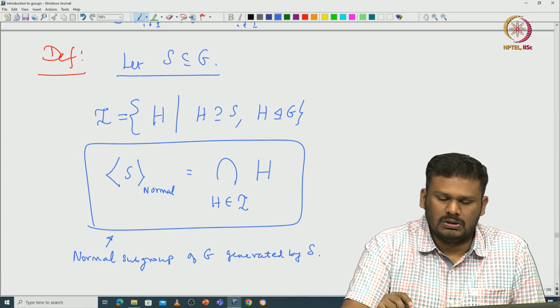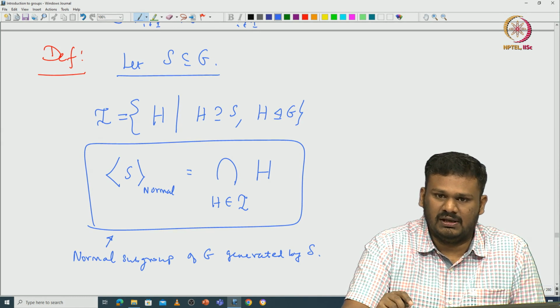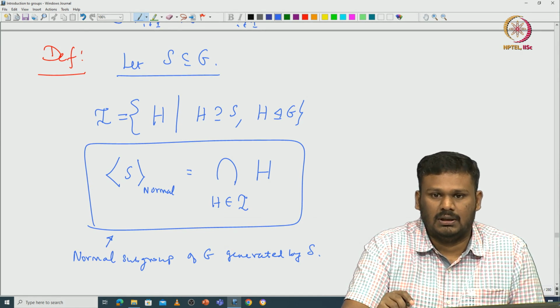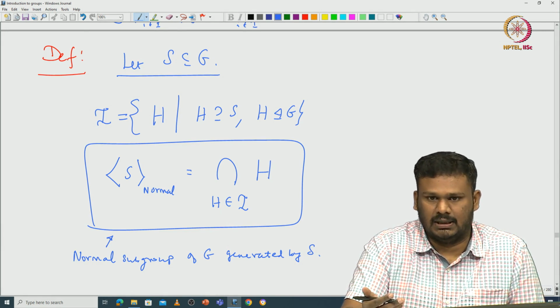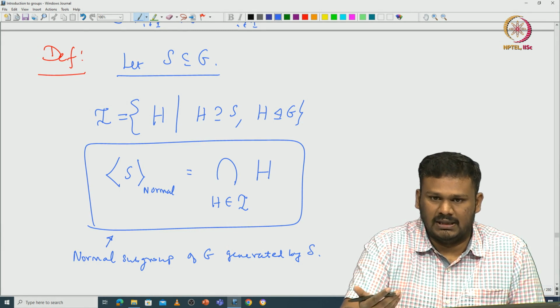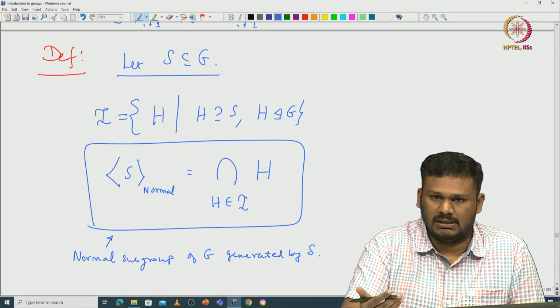For example, you must have seen in many textbooks the dihedral group defined using a presentation. It is generated by some symbols a, b such that a to the power n is identity and b is an involution, b squared equal to identity.